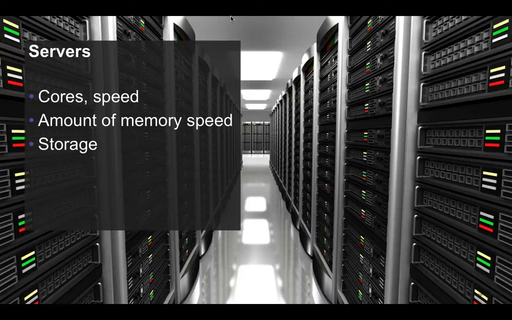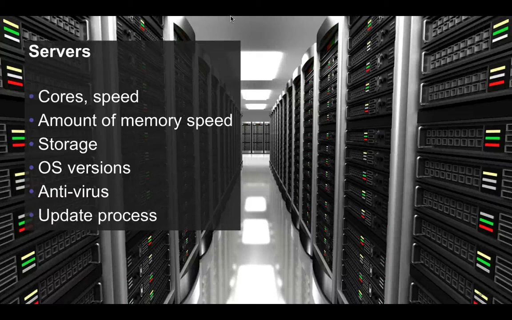And in terms of software, we need to think about the operating system that's on there, the version of operating system that's on there, any base software to do with security products or antivirus software. And we also need to understand the update schedule. So whether these are auto-updated based on patches that are deployed, or whether they are controlled and deployed by a team within the organization.